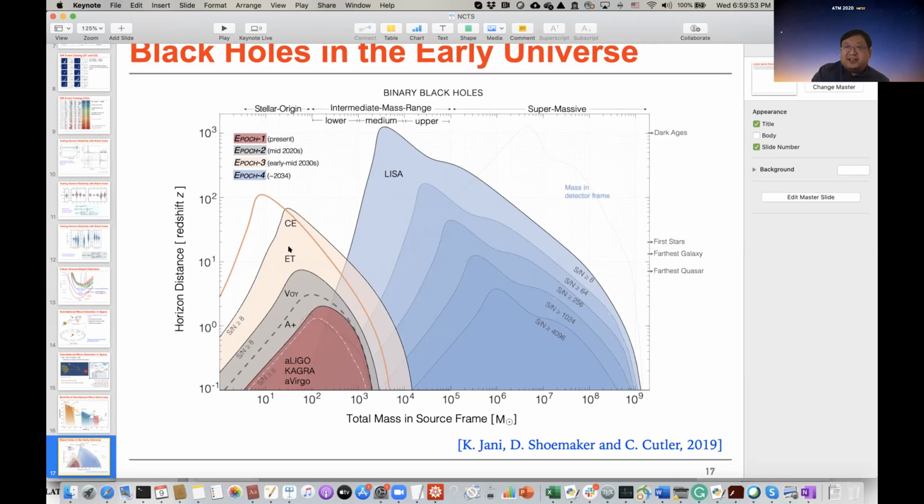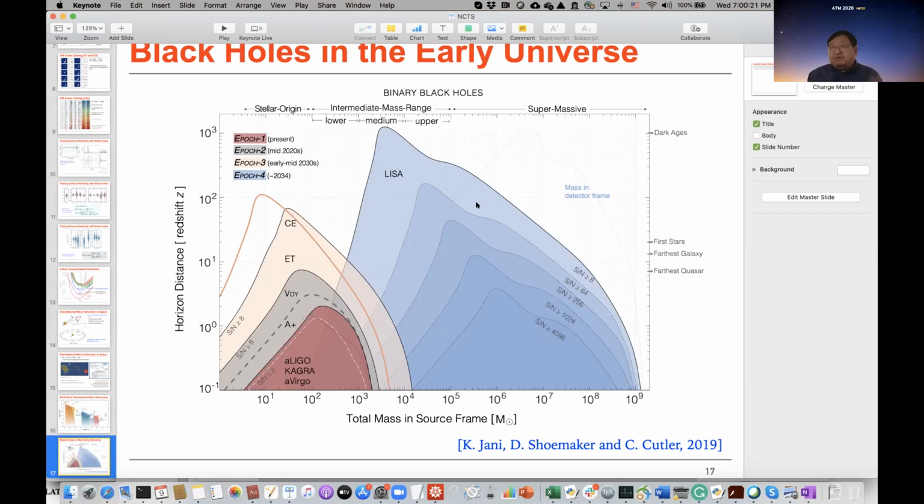So in some sense, the reason why we want to build these capabilities on the ground and in space is that we really want to reach all the binary black hole mergers that happen in the universe. Maybe by 2030, 35, or maybe it'll be 2040, by the time we build these detectors, we will see something different as well.